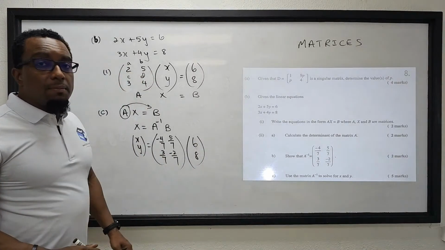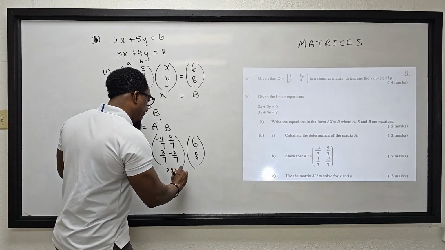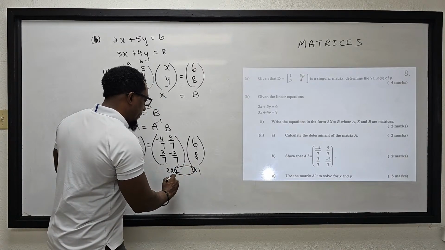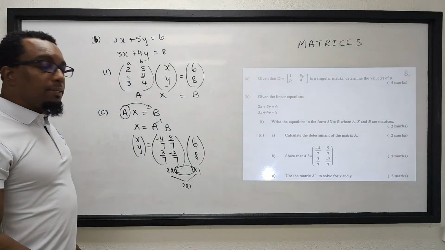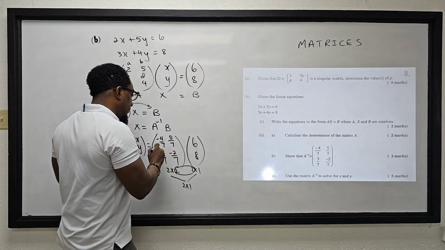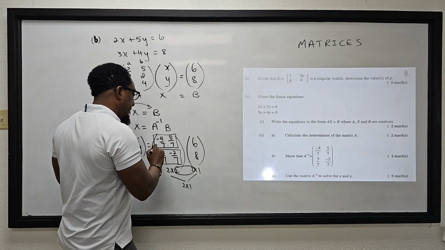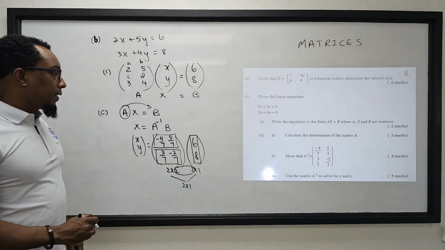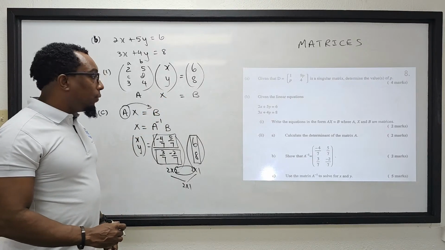Let's just test our knowledge of multiplying matrices. This here is a 2 by 2. That's a 2 by 1. The two and the two are the same, so you expect your end result to be a 2 by 1 matrix. How do you multiply matrices? You take the rows of the first by the only column. So let's multiply the first row by my only column.